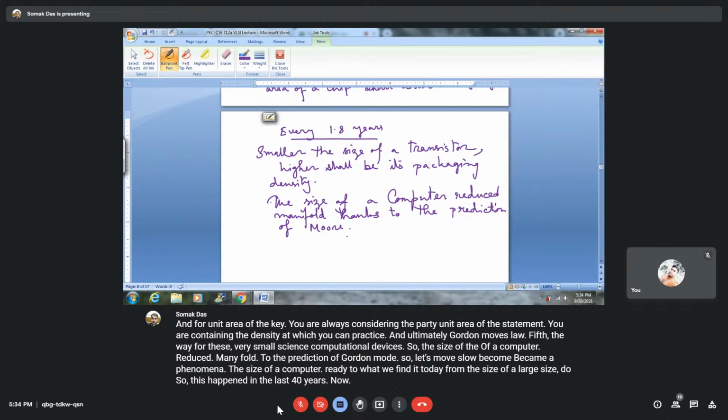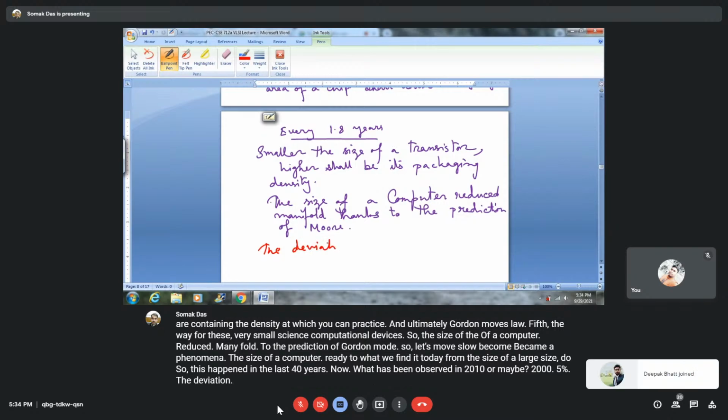Now, what has been observed since 2010 or maybe 2005 or 6 onwards is the deviation of Moore's law.